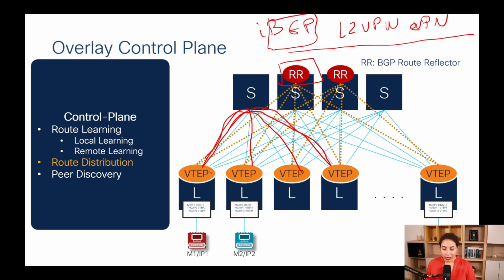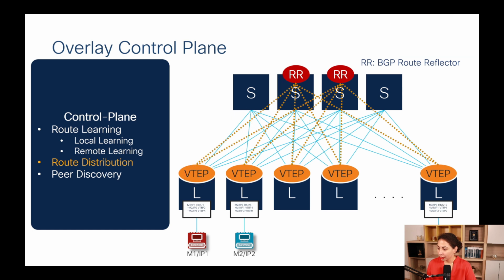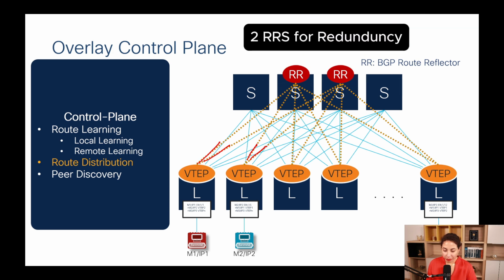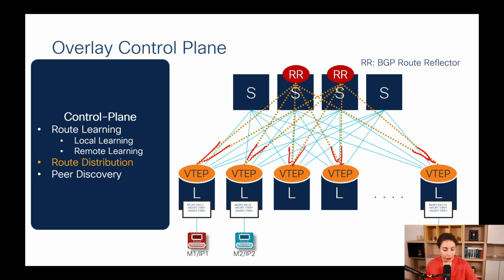Here each VTEP has simply two peerings, one to the RR1 and one to the RR2. It's not very visible because my slide is dirty, but if we check it more closely, we see that I have two peerings, right? I do not have an exponential number of peerings. I just need to peer with the two route reflectors. So this is another important point of the control plane.